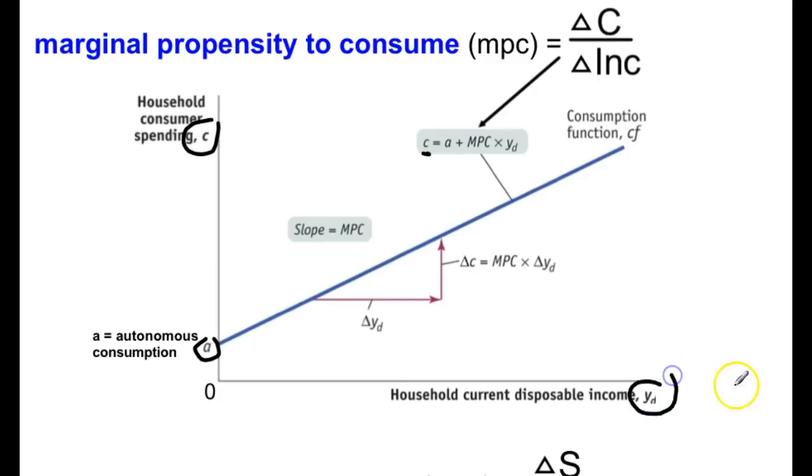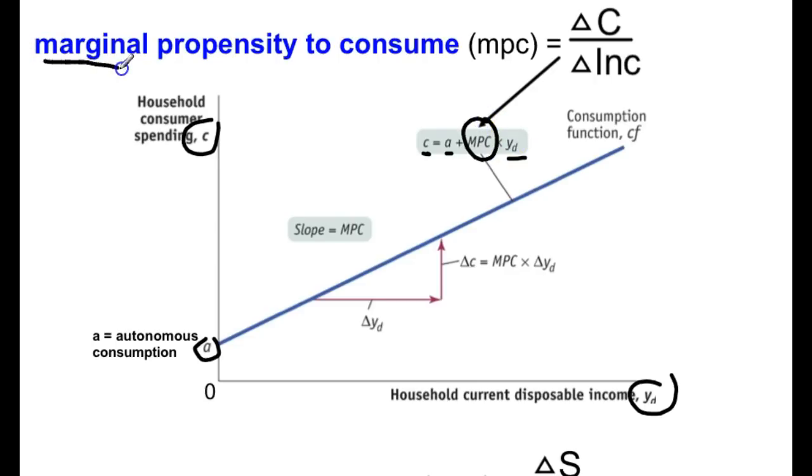Sorry, change in the y-axis over the change in x-axis. So what's a little bit odd about this equation is that we see the intercept, right? And we see the x-axis, which is oddly called y here. But instead of having a slope, we have this, MPC.